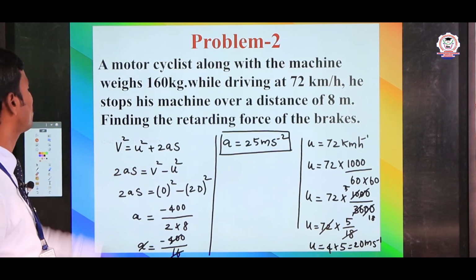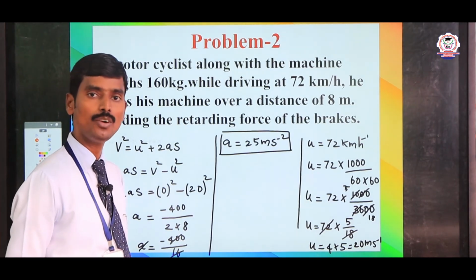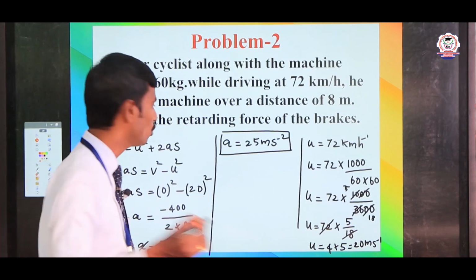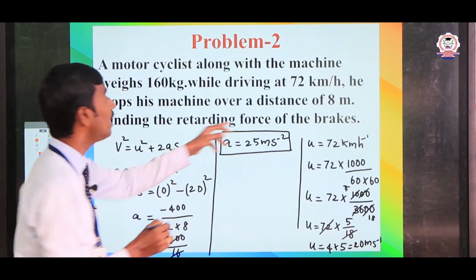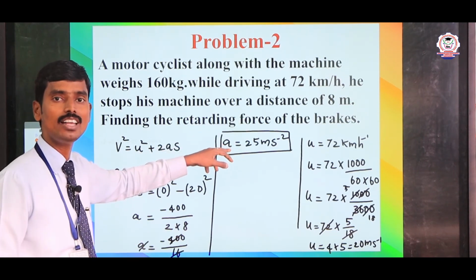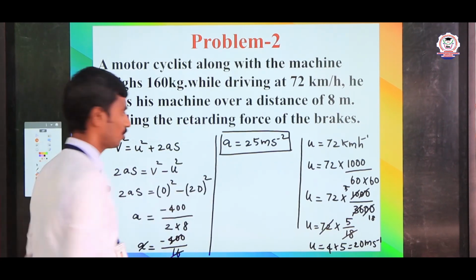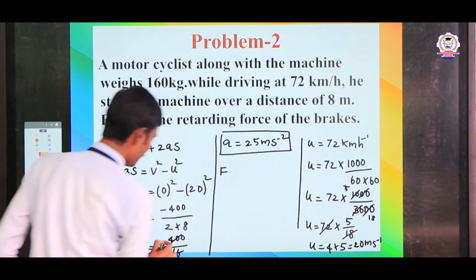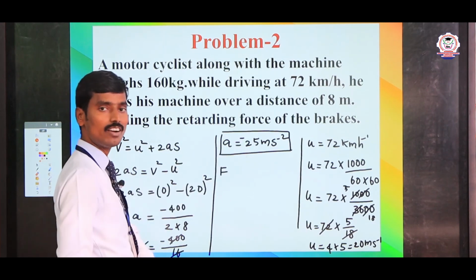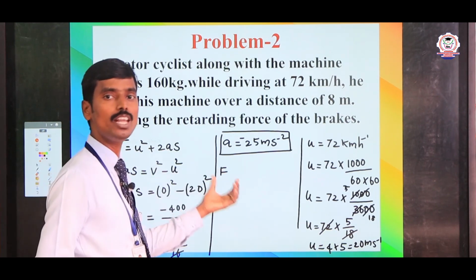Next, to find the force, we already know Newton's second law: F equals ma, the rate of change of momentum is directly proportional to the applied unbalanced force. Here we are asked only for the retarding force. This is the deceleration, which we also call retardation. Multiply the acceleration by mass and we get the retarding force, F equals ma. Retardation is negative acceleration, but we always take only the magnitude, so we use the positive value.